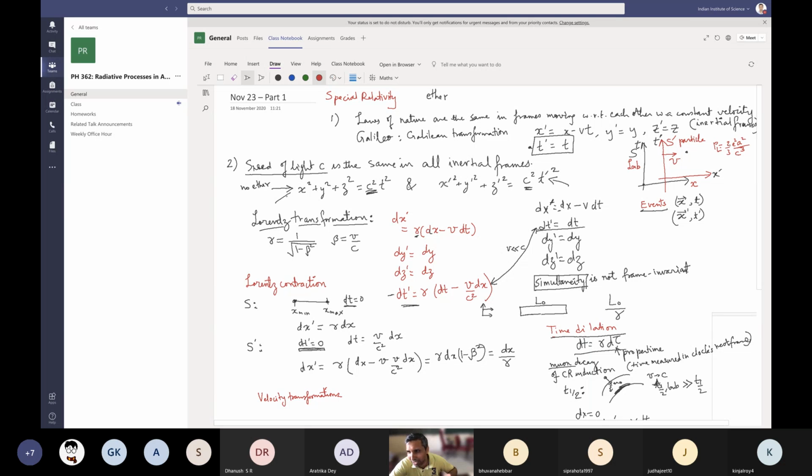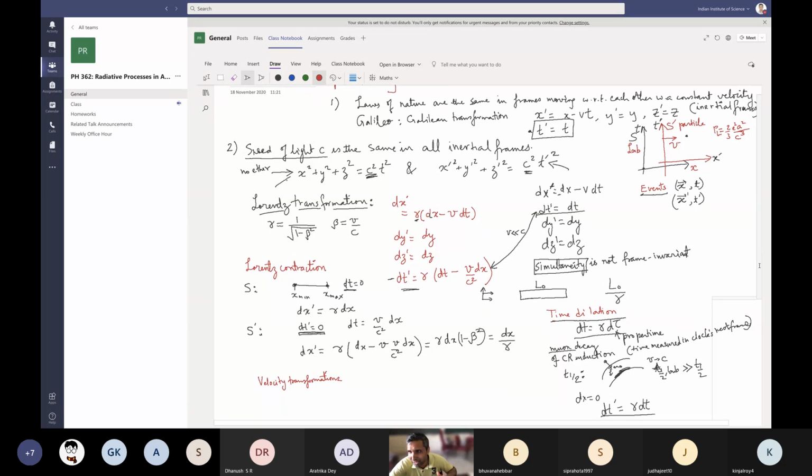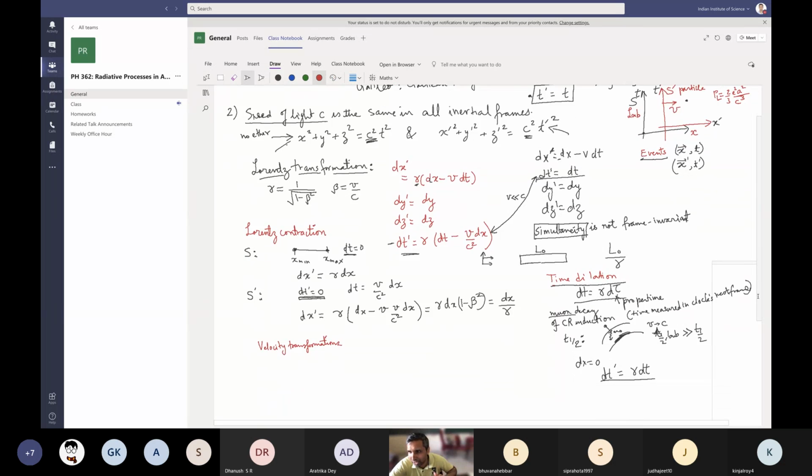We're assuming the particle to be at rest. It is accelerating, but its instantaneous velocity is 0. You see what I'm saying? So eventually we will transform from this frame S prime, the particle rest frame, to the lab frame, and for that we will need a lot of velocity transformation.